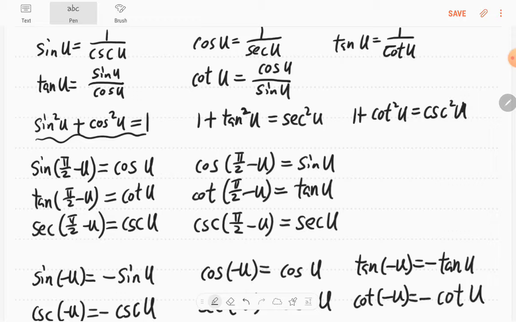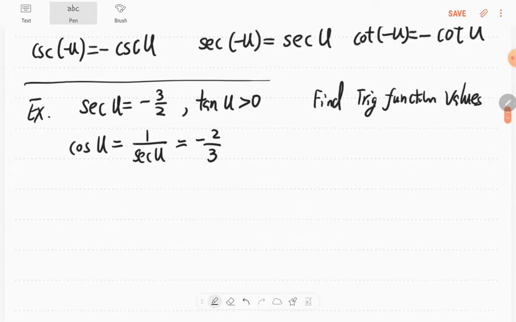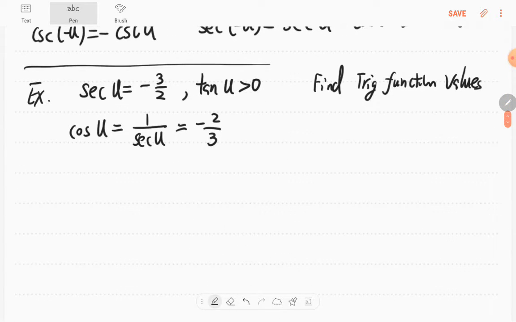The question is which quadrant u belongs to, because that makes sine u positive or negative. We know that cosine u is a negative number, so u is in the second or third quadrant.